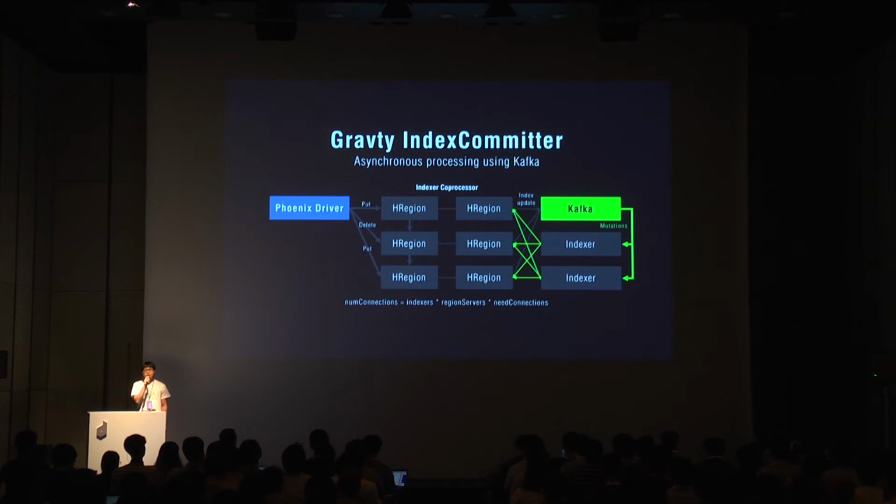In this way, the Phoenix client can process the new index updates asynchronously without having to wait for the previous updates to complete. Also, it can reduce the volume of RPC traffic between the region servers. The next 2 figures will show you how we changed the workflow from the point of view of the Phoenix client.